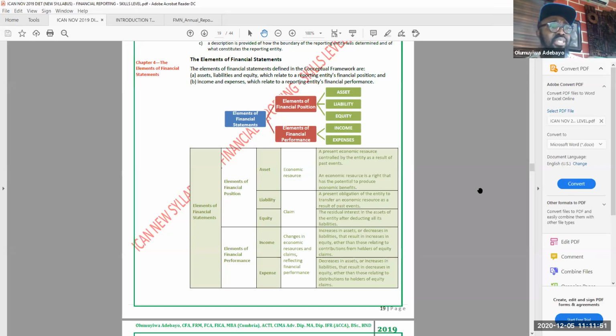Imagine you have in your bank account, part of your cash balance as a company is dollar. And when you bought that dollar into your domiciliary account as a company, you bought it at 360. As at last week, we are all aware that dollar rose to 500 naira, which means without doing anything as a business, you've earned income by way of foreign exchange gain of how much? About 140 naira per every dollar you have in your account.